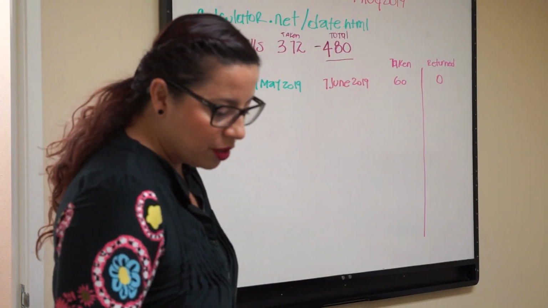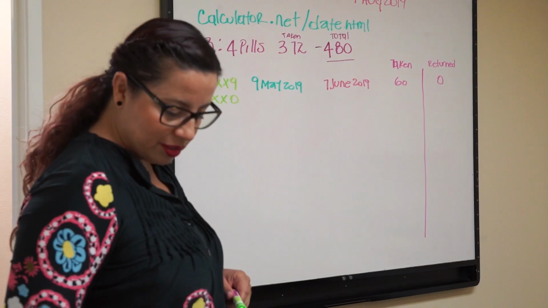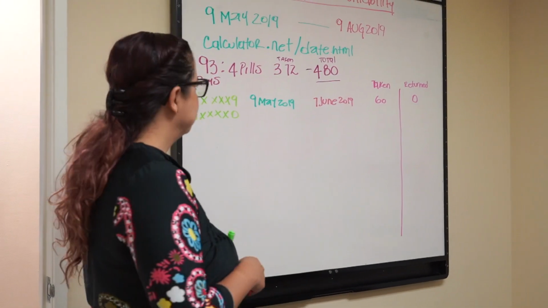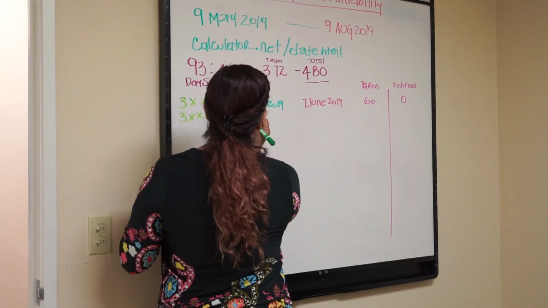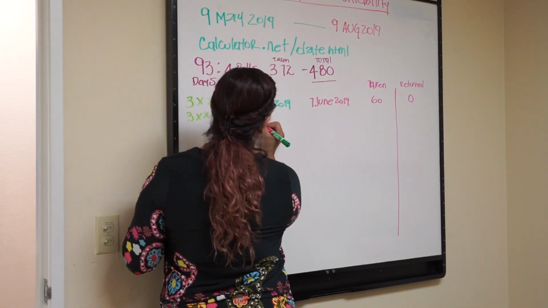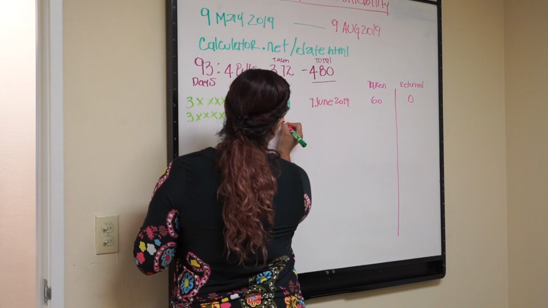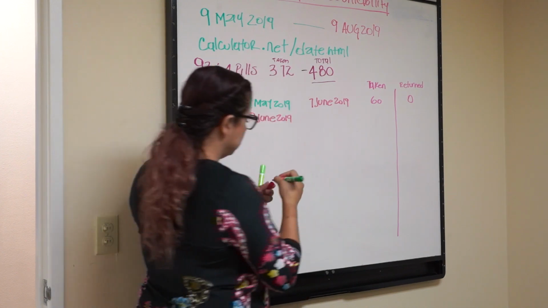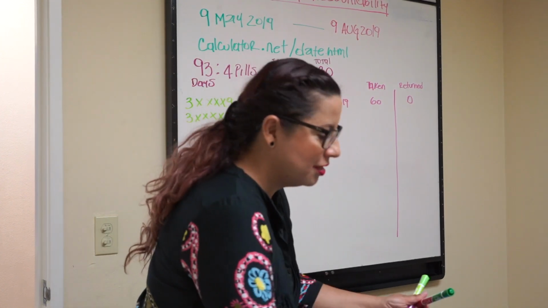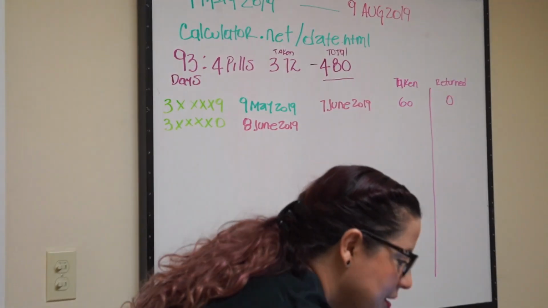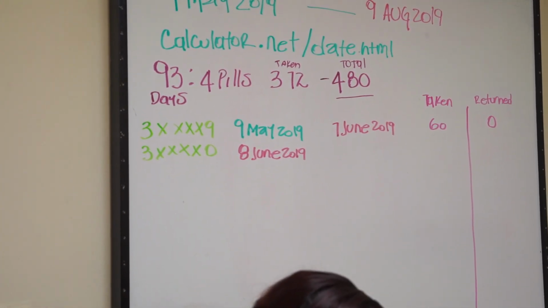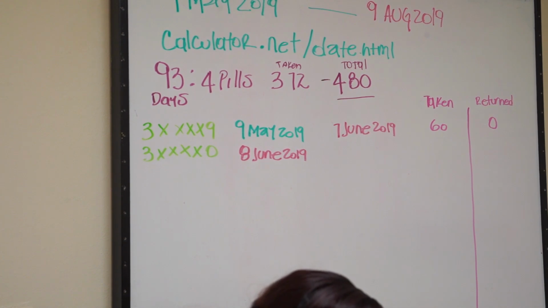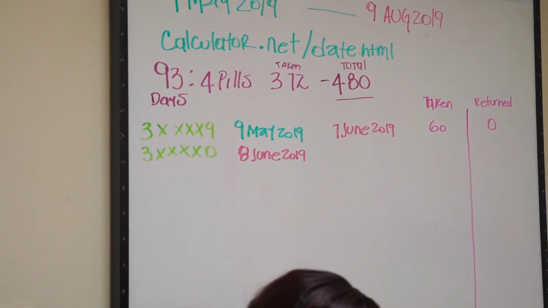So then this one, when do you think this one started? It should start on 8th June. Exactly. So 8th of June 2019 and goes for 30 days again. So it will be July 7.